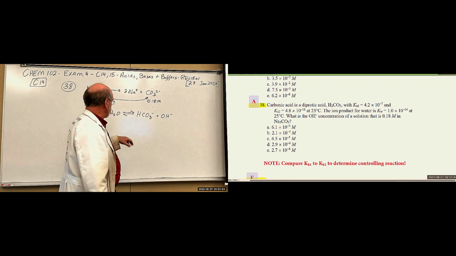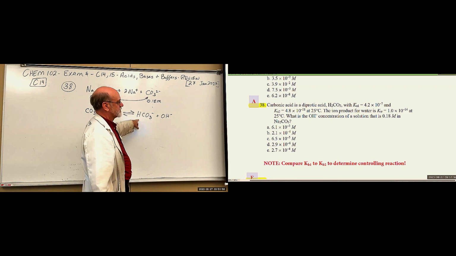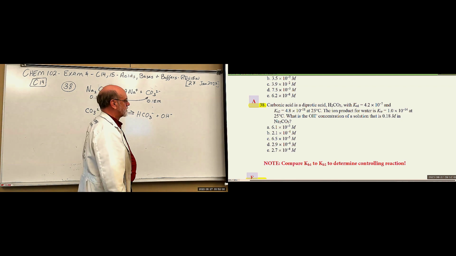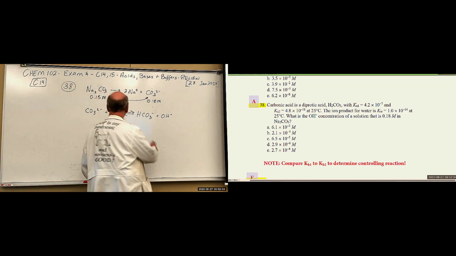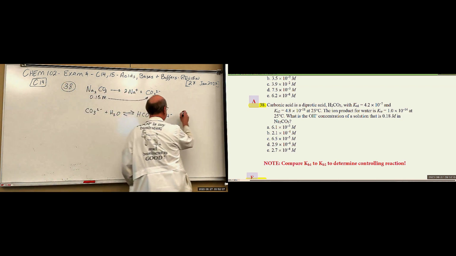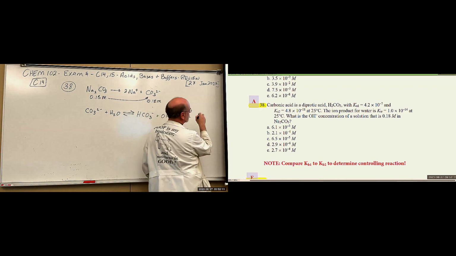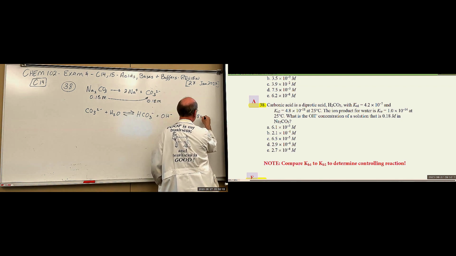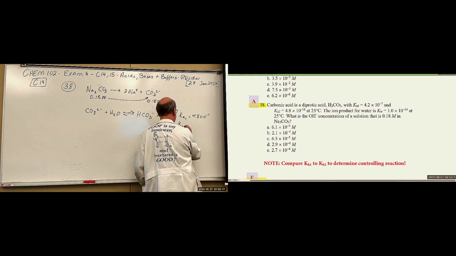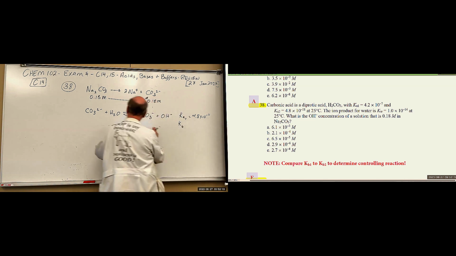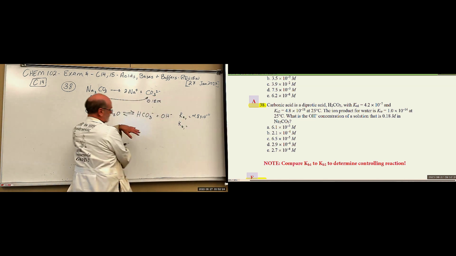and we're given the Ka for H2CO3, which is 10 to the minus 7. So which one controls the reaction? Well, if the Ka for this one, Ka2, is equal to 4.8 times 10 to the minus 11, then what's the Kb? Because the Kb is this one, and actually it's going to be Kb1 because we're going the other direction.